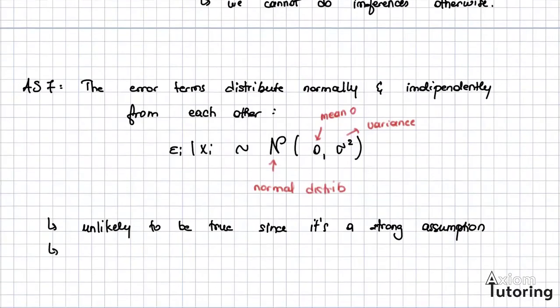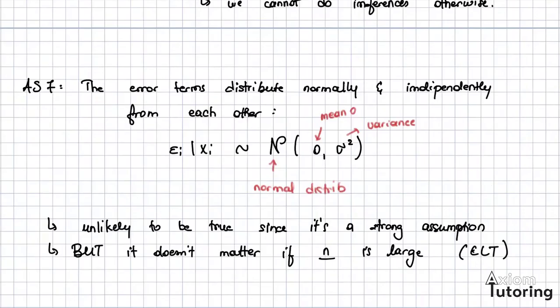However, it doesn't matter if n is large. And I'm going to put in brackets here CLT, which means central limit theorem.